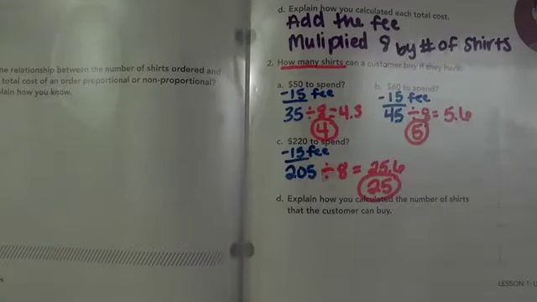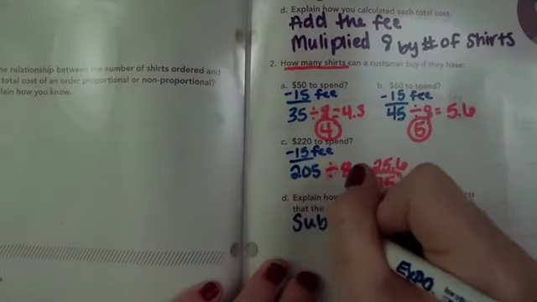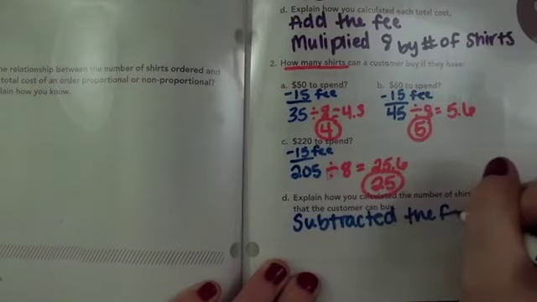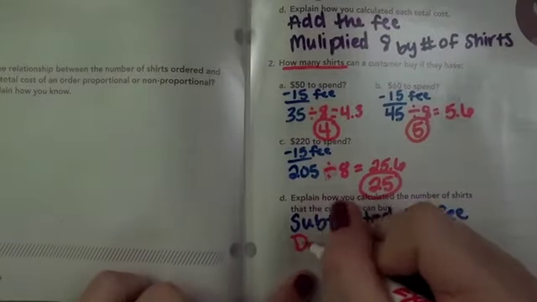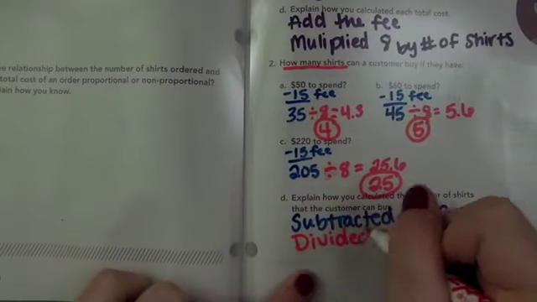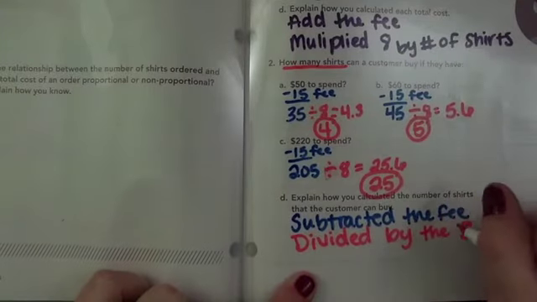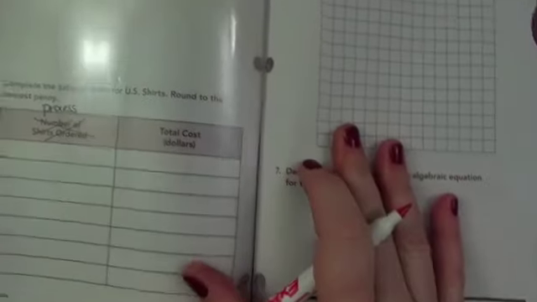Okay, so then it asks what we did. So this time we subtracted the fee, and then we divided by the $8. Okay, so let's go to the next slide.